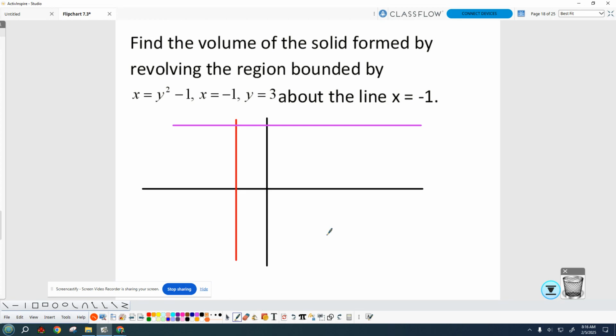Kari, can you draw x equals y squared minus 1 on this somehow? If you know the coordinates where they intersect, that'd be great.